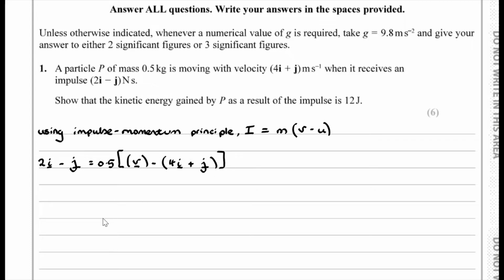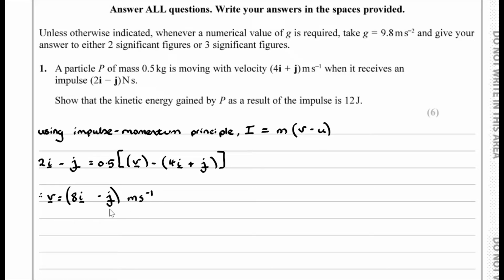And therefore, if we do a slight bit of rearranging, you'd find v to equal 8i - j meters per second.